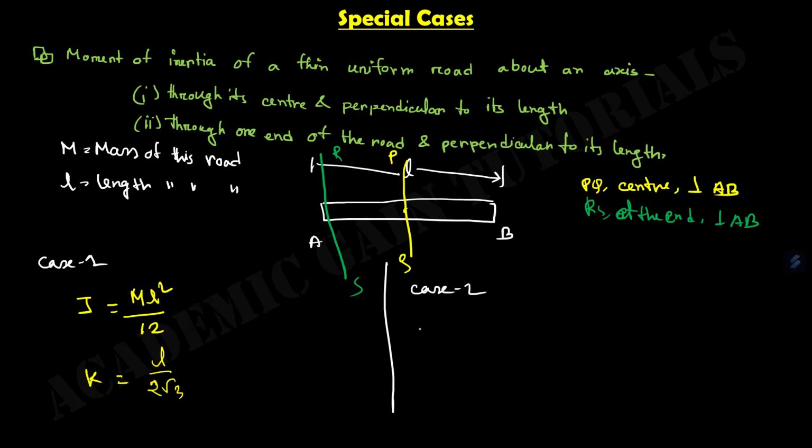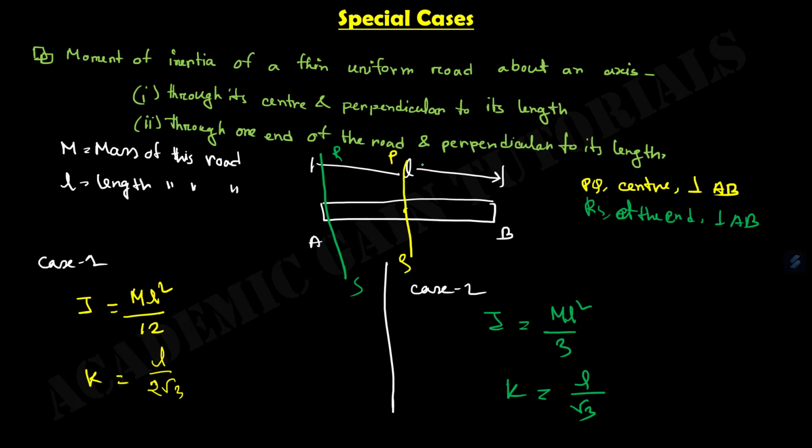In that case, our moment of inertia I is equal to 1 by 3 ML square, so ML square by 3, and the radius of gyration k will be L by root 3.